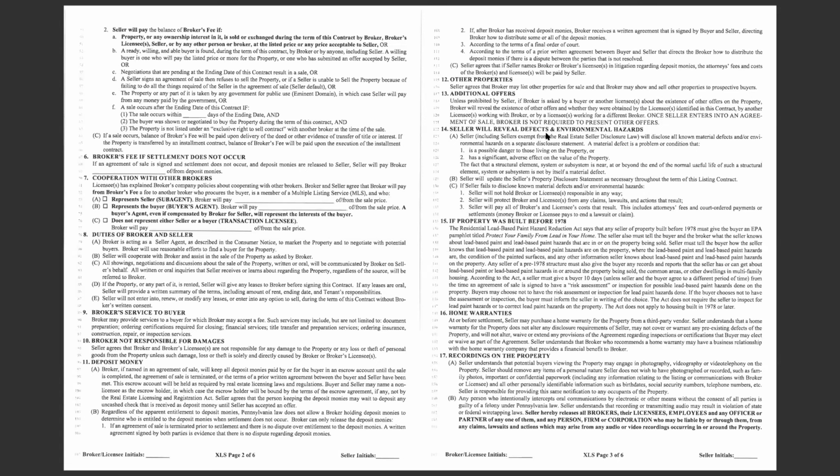A willing buyer is one who will pay the list price or more for the property, or one who has submitted an offer acceptable to a seller, or negotiations that are pending at the ending date of the contract resulting in a sale will get paid.